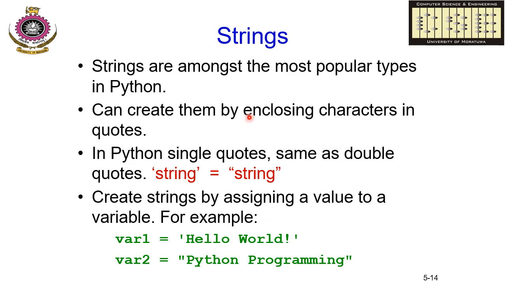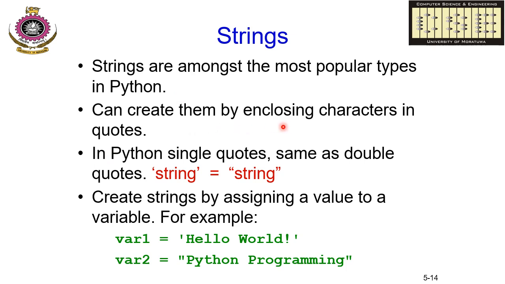Now we move on to formally introduce strings. As we have seen already, strings are amongst the most popular variable types in Python, because we have already been using them a lot. Even though we were not formally introduced to strings, we have been using strings quite a few times.